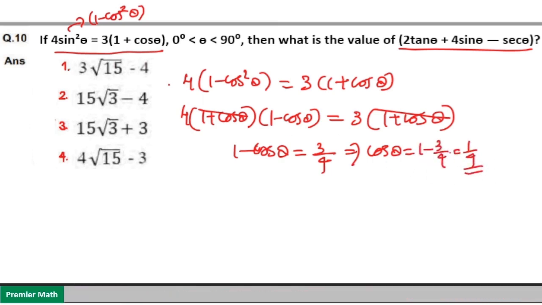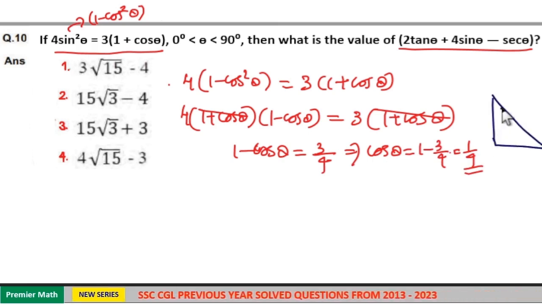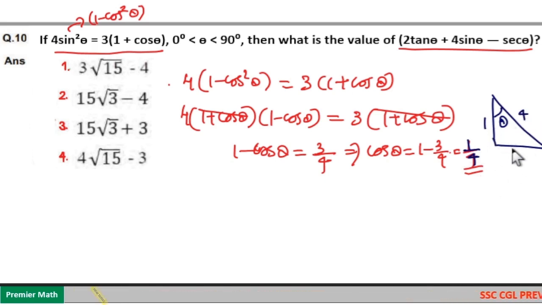If cos theta is 1 by 4, then draw a right angle triangle. Here this is theta, then cos theta is 1 by 4 means adjacent side by hypotenuse are in the ratio 1:4. Now opposite side will be equal to root 4 square minus 1, that is root 15.